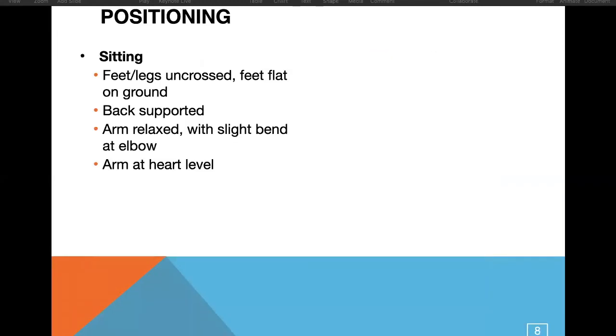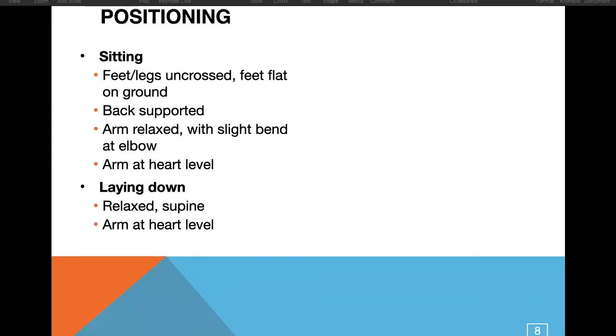We would like our patient to be sitting with both feet on the ground and uncrossed. Their back should be supported. The arm should be relaxed, so no muscle tension, with a slight bend at the elbow. And preferably the arm is at heart level. So if you noticed in that prior picture, the patient was resting their arm on a table that was approximately at the level of their heart.